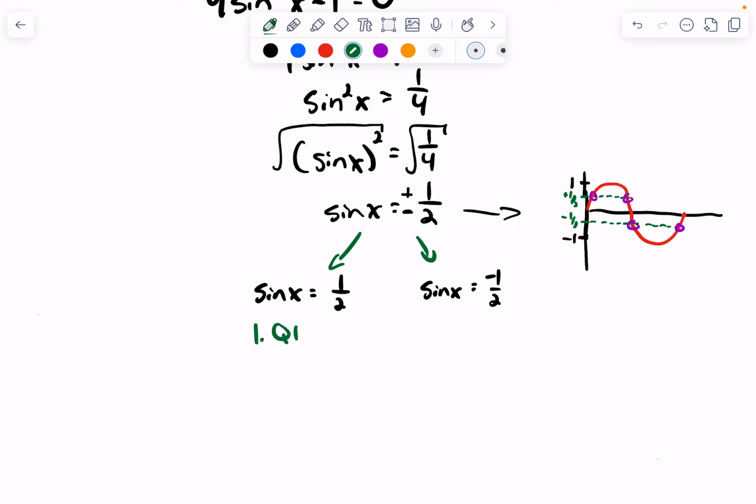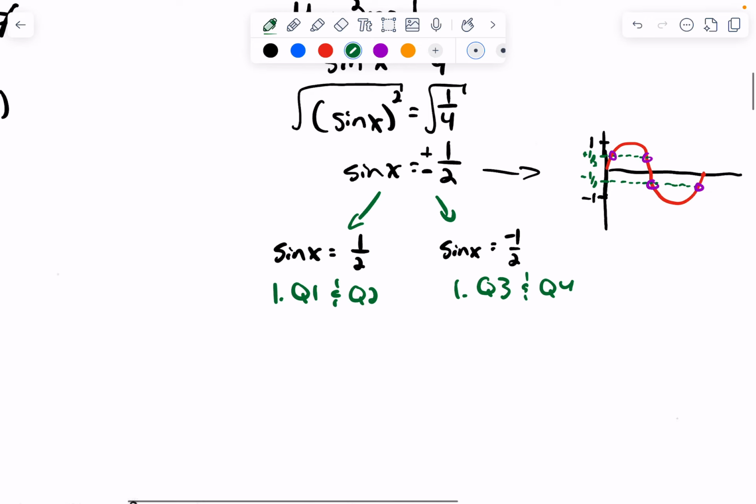Sine is positive in quadrant 1 and quadrant 2. And over here, sine is negative in quadrants 3 and 4. The second part is what alpha gives you that ratio 1/2.